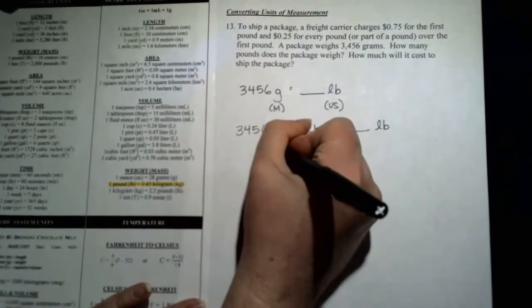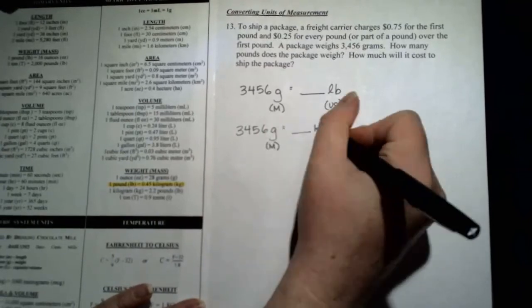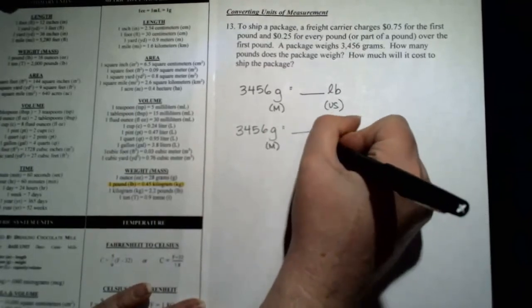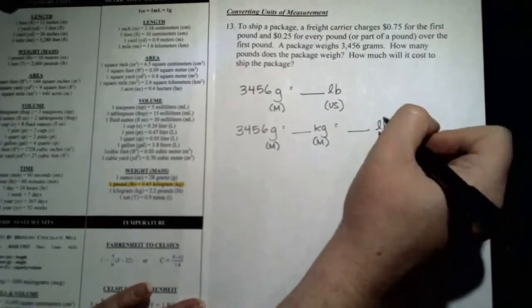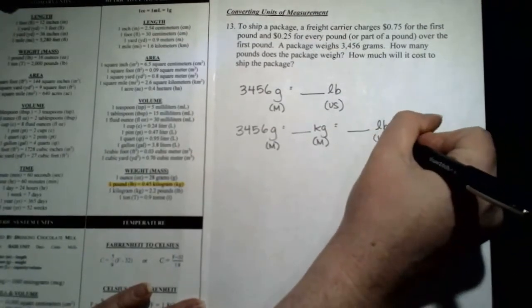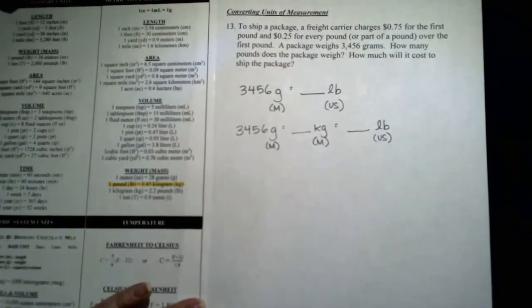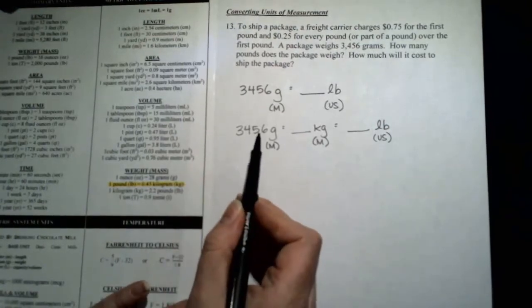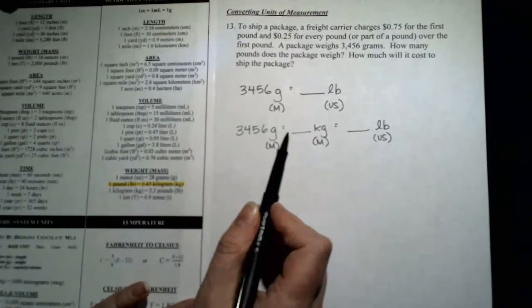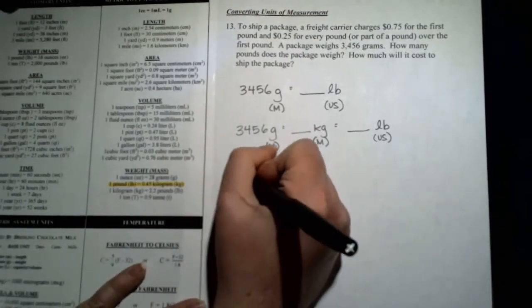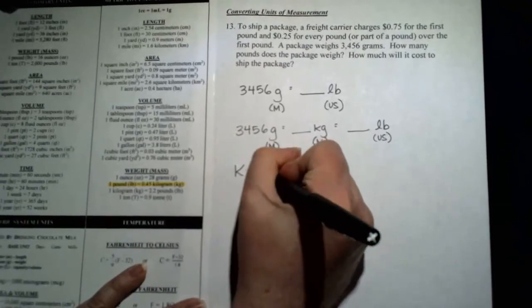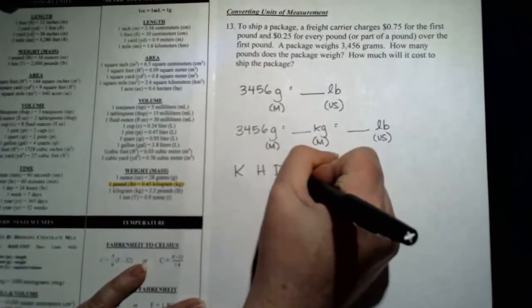So now let's reevaluate. We started with grams, which is metric, and we're going to go to kilograms, which is also metric. And then from there, we'll go to pounds, which is US. So when I do this first step, since I'm going from metric to metric, I can use the metric prefix line.